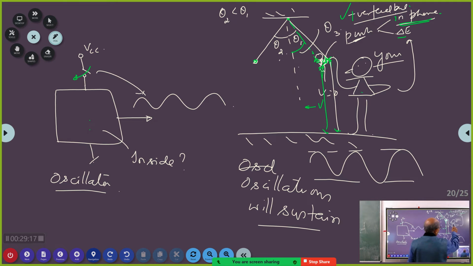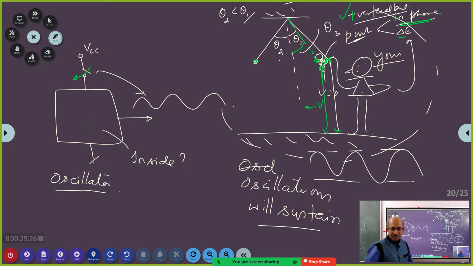If you consider yourself also to be an insider, that is, if you consider this whole thing as a system, then what is happening here? The energy of this system is neither increasing nor decreasing. Oscillations are sustained. Correct? Yes, correct.